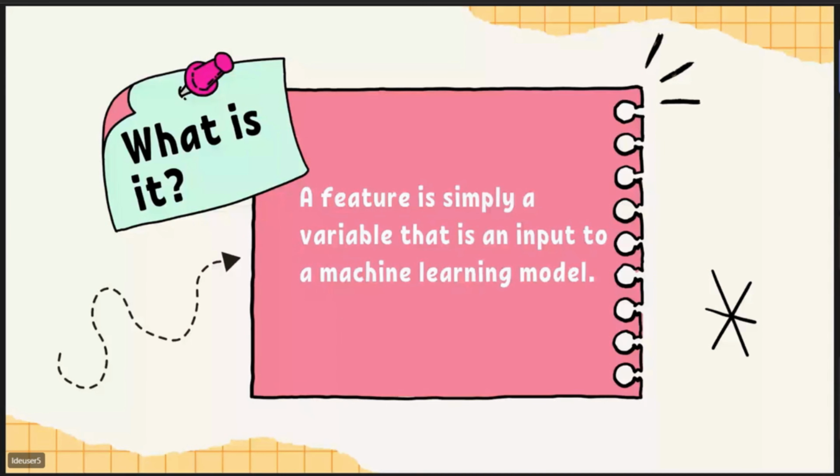Okay. So what exactly is a feature? A feature is a variable, right, that is an input to the model. Okay, like for example, a machine learning model which is going to predict the pass percentage of students, right?